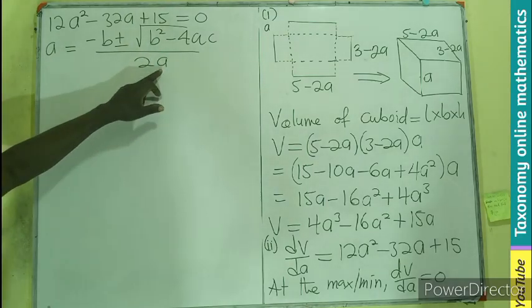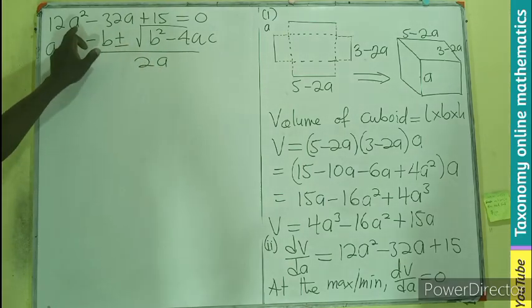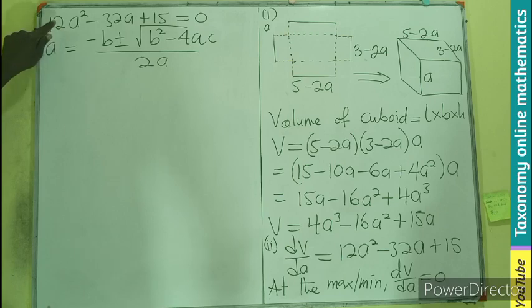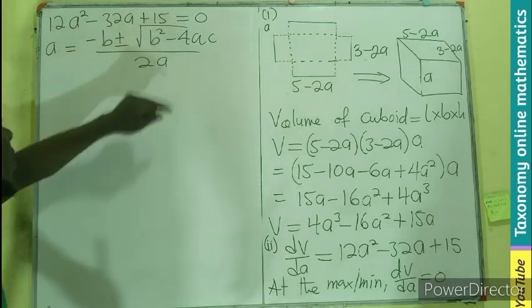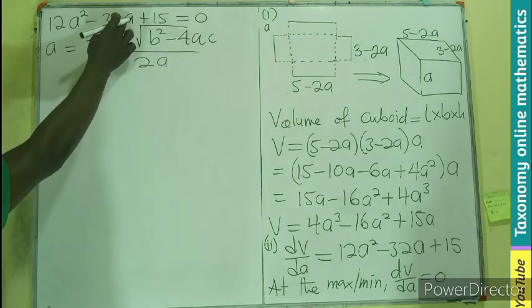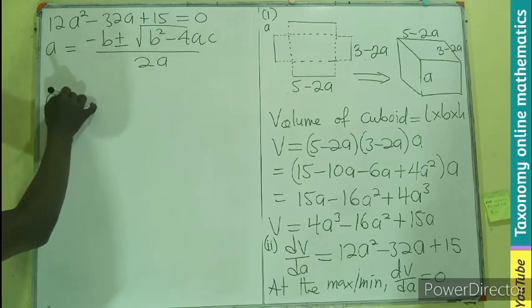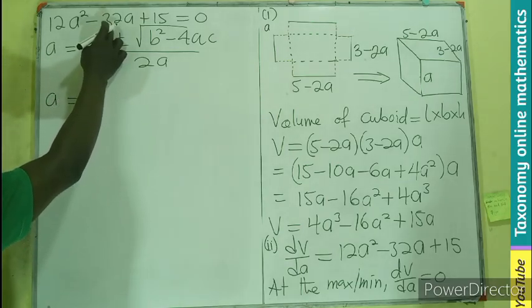In the sense that this a is not the a we are having here, but we are talking about the coefficients a, b, c. So this a is the independent variable we are looking for.